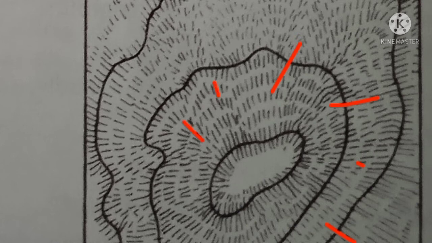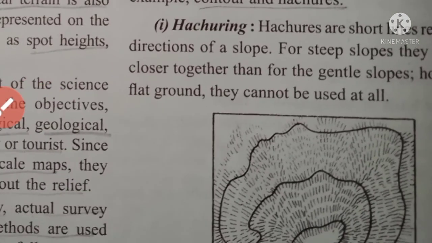These short lines are known as hachures, and they help us find out the slope of the landscape. For a steep slope hachures are drawn very close, for a gentle slope they are drawn apart from each other, and for a flat plane there will be no hachures.